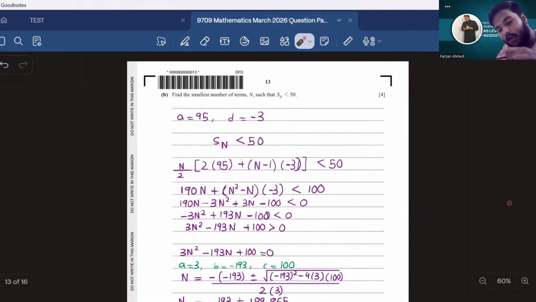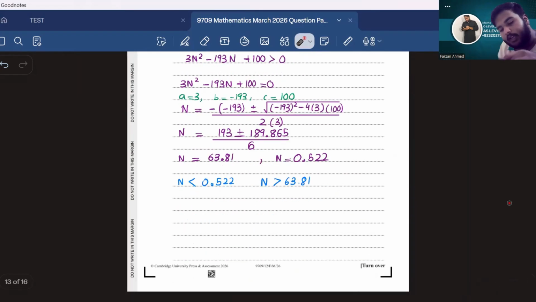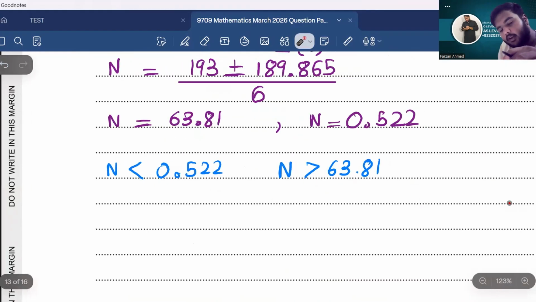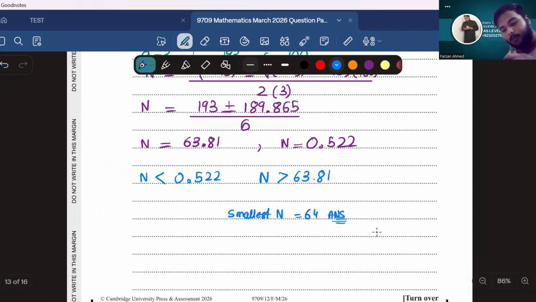They have said to find the smallest number of terms because S n is less than 50. So the smallest n we have is 64. So this is our final answer. Very easy question.